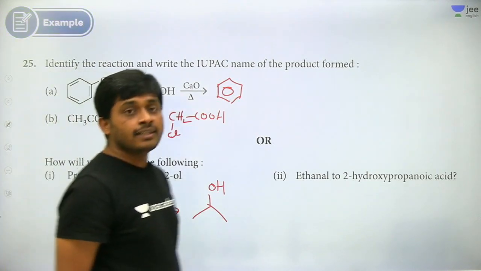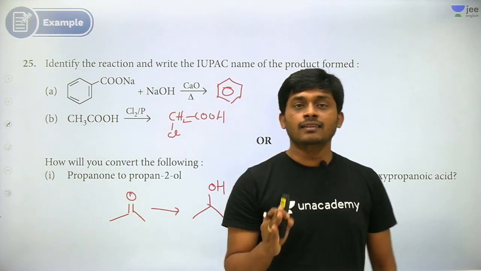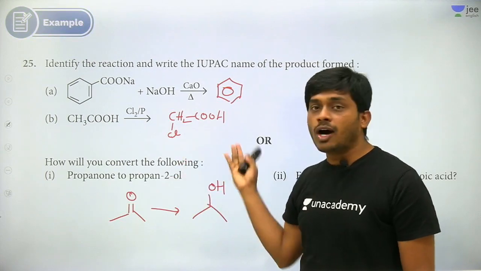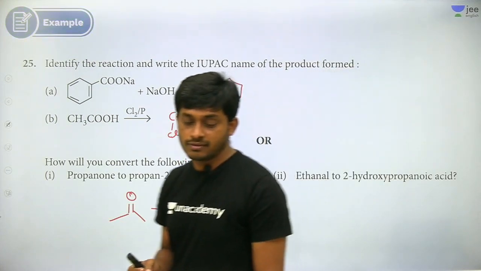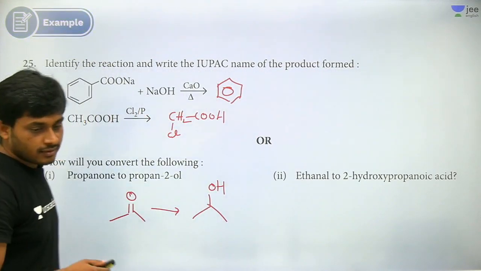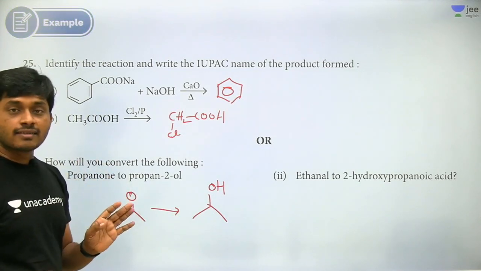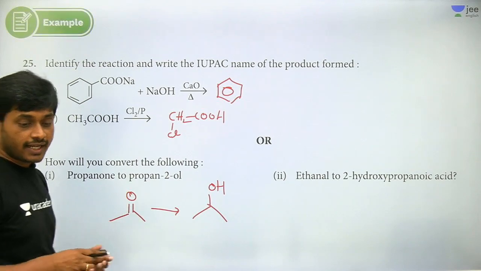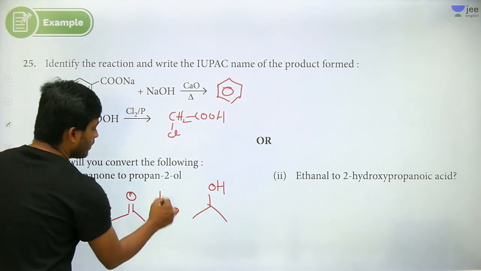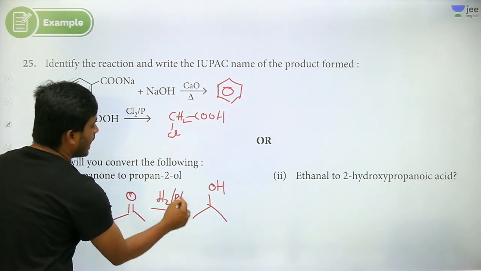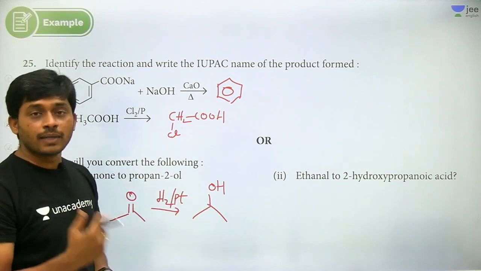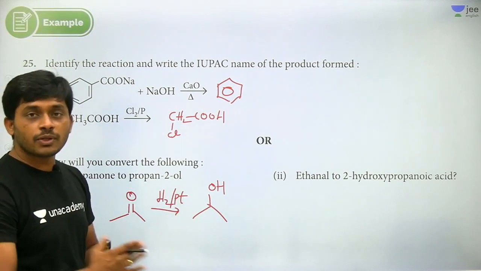What is the reagent? From very simple aldehyde or ketone to alcohol. Many reagents are available. You can use simple H2 with platinum. This is very simple. NaBH4 you can use.